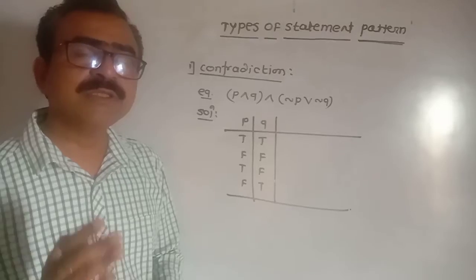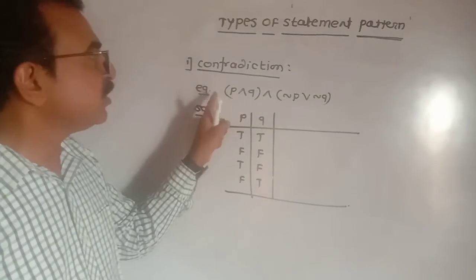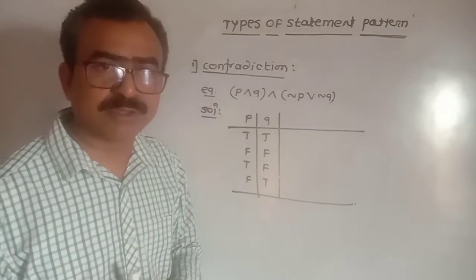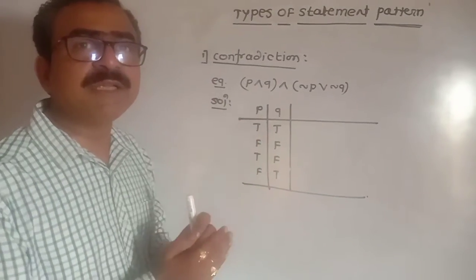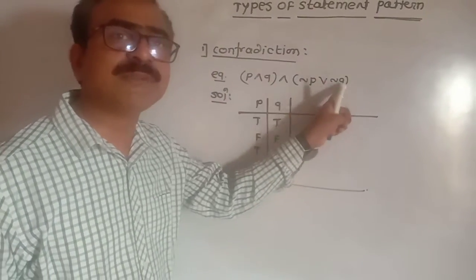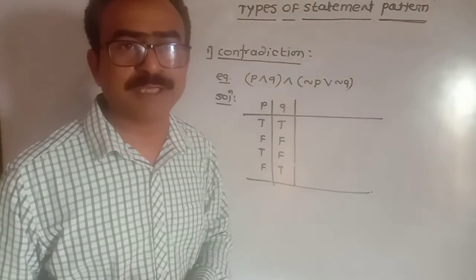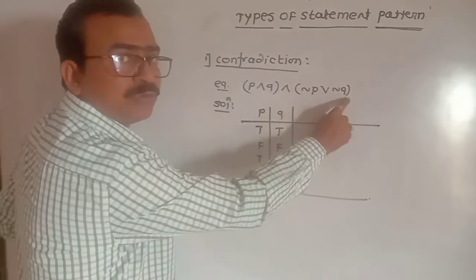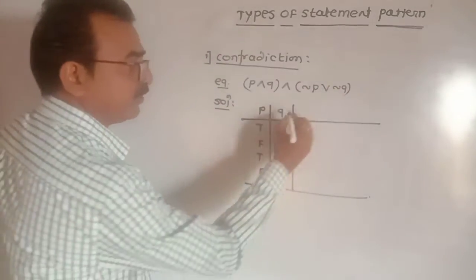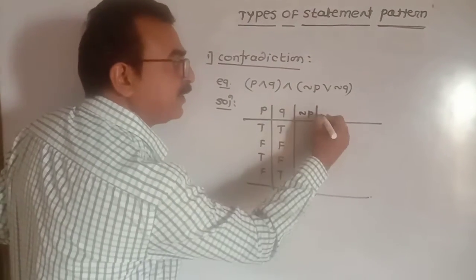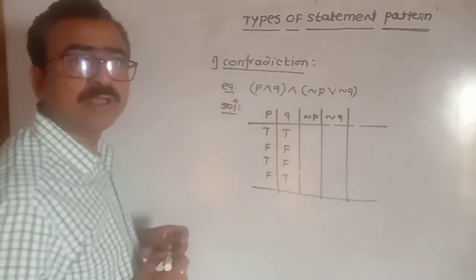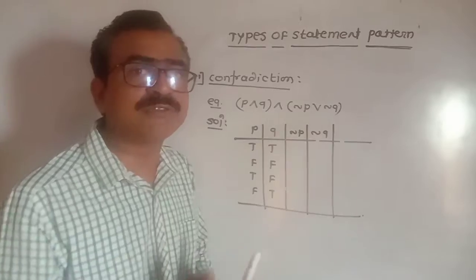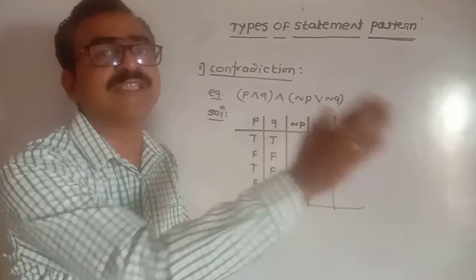Now the second rule is to read the statement pattern carefully and check whether any negation is given. If negations are given, solve them initially, then solve the simple brackets, and lastly the square bracket. In this statement pattern, negations are given, so you have to find the values of negation P and negation Q. In case of negation, if a statement is true, its negation is false, and if a statement is false, its negation is true.